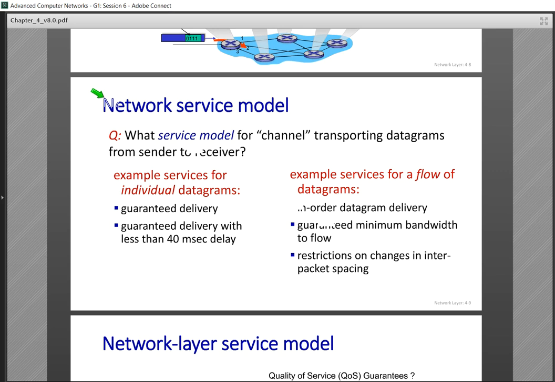For example, in virtual circuit switching networks such as ATM, Frame Relay, or X.25, yes, we can guarantee, but in simple IP-based computer networks, we cannot guarantee these items.